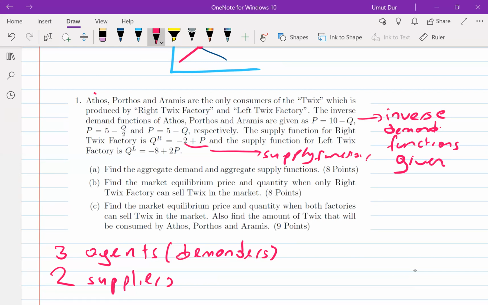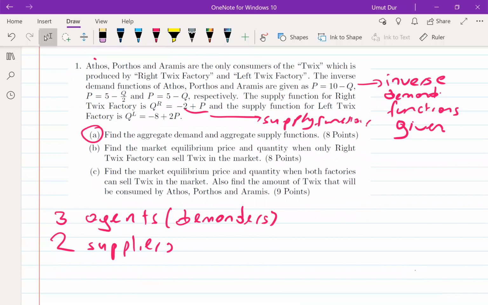In the first part, before calculating the equilibrium, it is asking to find the aggregate demand and the aggregate supply. Okay, forget about this question. Let's work on the graph with some very random examples.